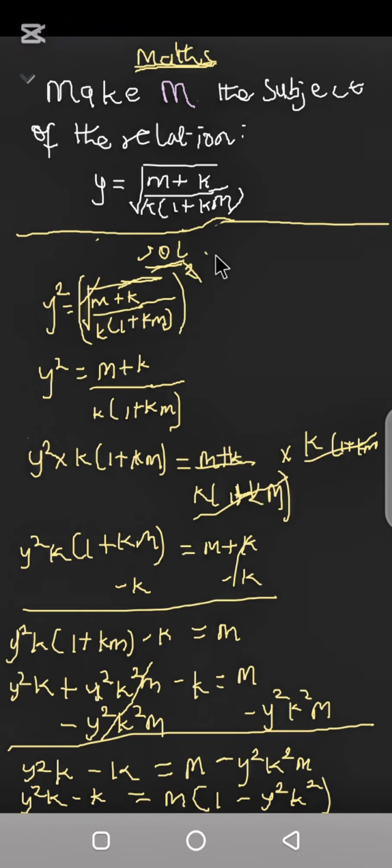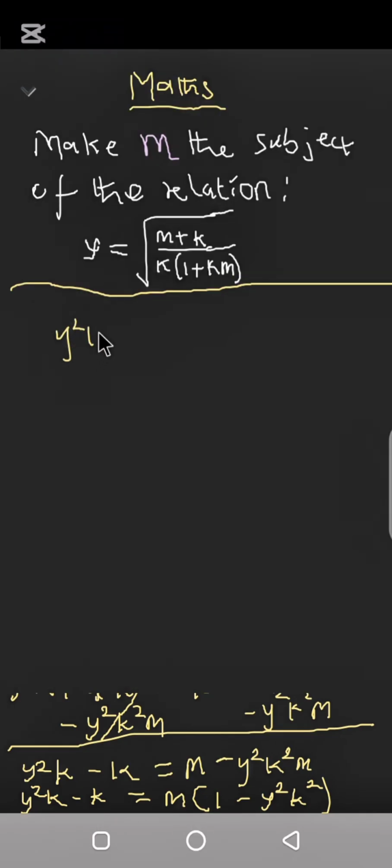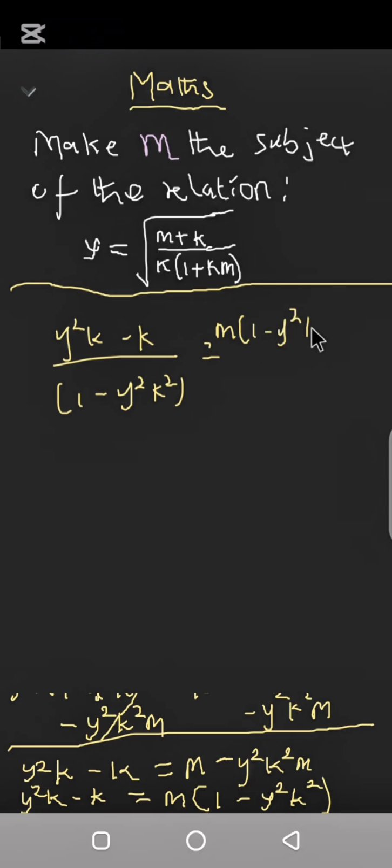So when we do that, we'll have y squared k minus k divided by 1 minus y squared k squared, and on the other side we will repeat the same thing. We have m into 1 minus y squared k squared divided by 1 minus y squared k squared.